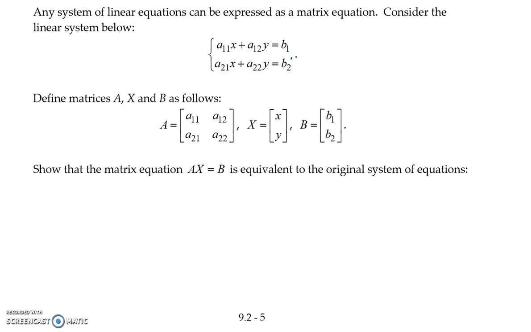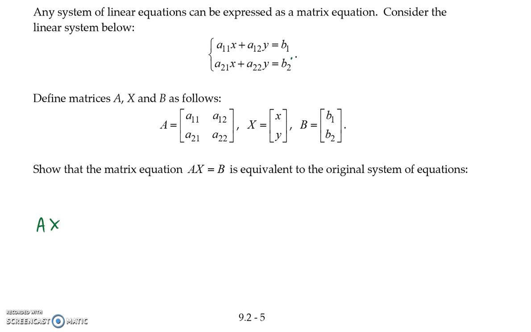B corresponds to another column consisting of the constants on the right-hand side of the equal sign, b1 and b2. If we define these matrices in this fashion, then it can be shown that the matrix equation AX equals B is equivalent to the original system of equations. Let me try to demonstrate that to you.